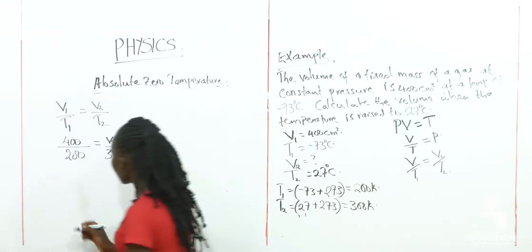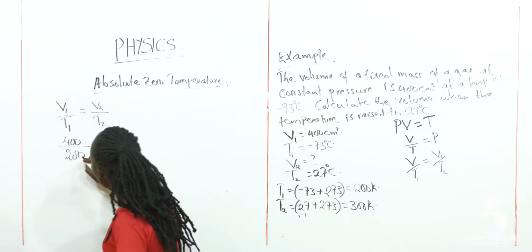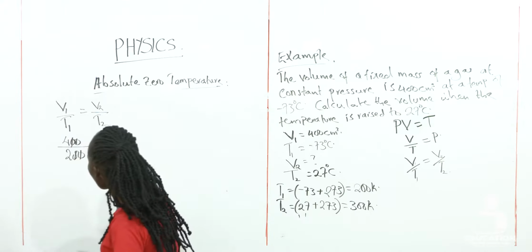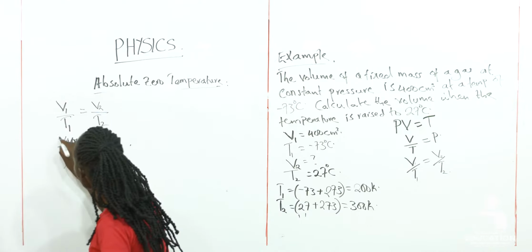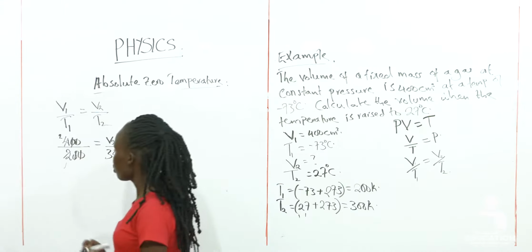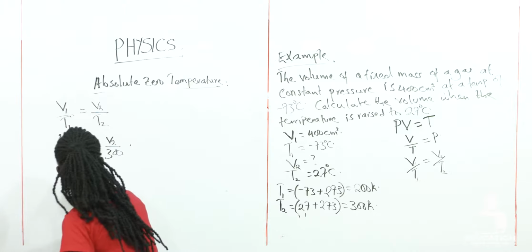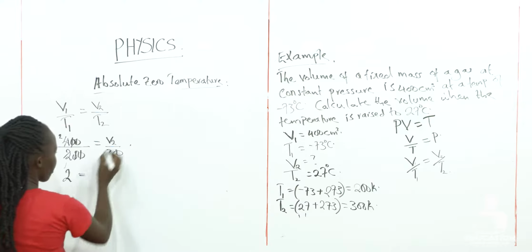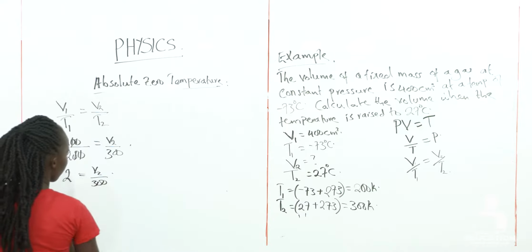So we shall have it as, you can divide through: 2 goes here once, and 2 goes here twice. So you'll see that 400 divided by 200 gives a 2 here, which equals our V divided by 300.